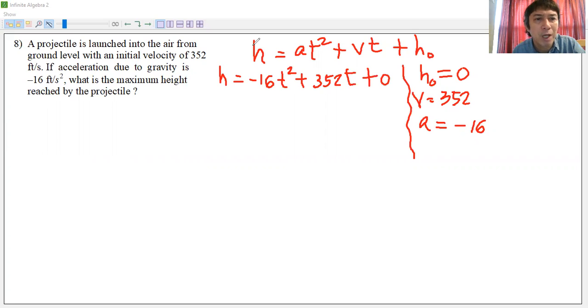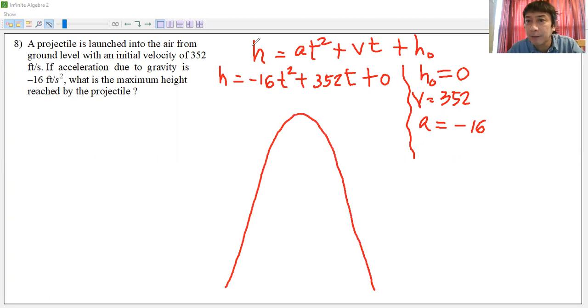What is the maximum height reached by the projectile? Remember, if you throw an object upward, that will form a parabolic trajectory like that. And we're looking at the maximum height.